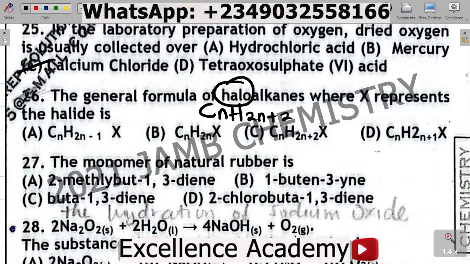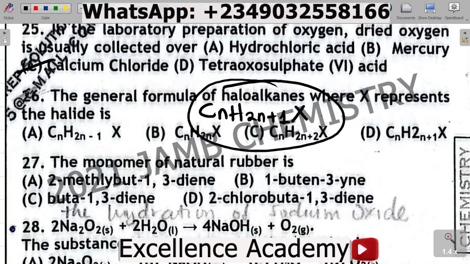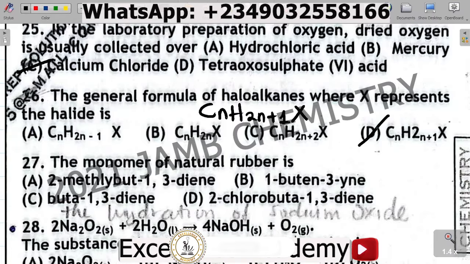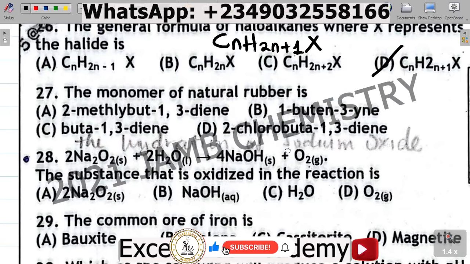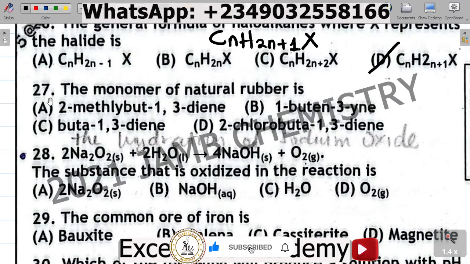A haloalkane is simply an alkane that has one halogen atom. For the alkane to receive one halogen, it has to lose one of its hydrogen atoms. You have 2n+2 hydrogens, lose one, and it becomes 2n+1. Then I attach the halogen X, so it becomes CnH2n+1X. That is option D, CnH2n+1X. That's your correct answer.